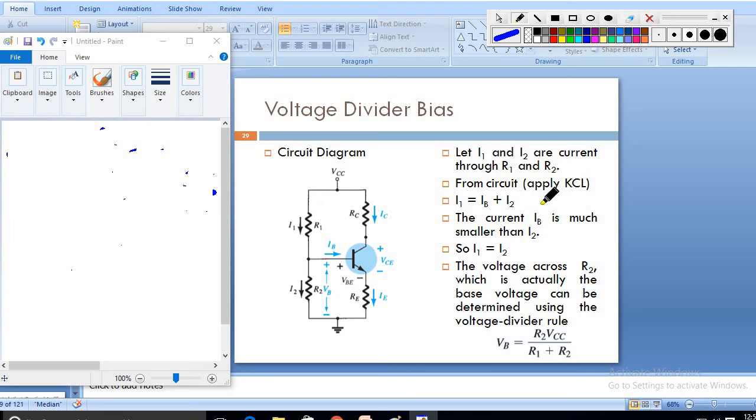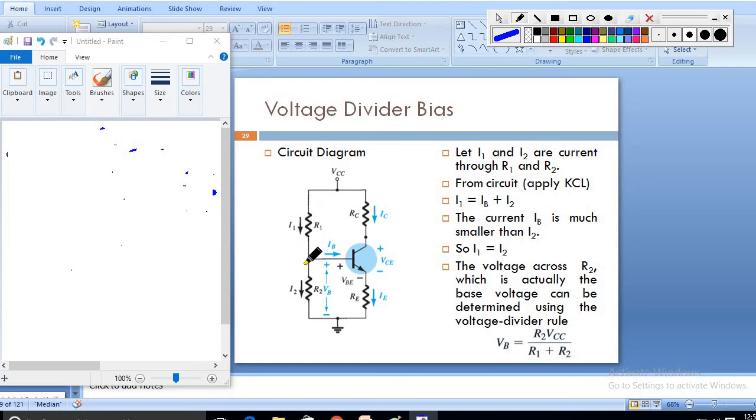I already told earlier what KCL is. KCL is Kirchhoff's current law. Kirchhoff's current law means, I'm taking this as a node, the sum of the currents flowing into the node is equal to the sum of the currents flowing out of the node. What currents are coming towards the node? I1 is coming, right?